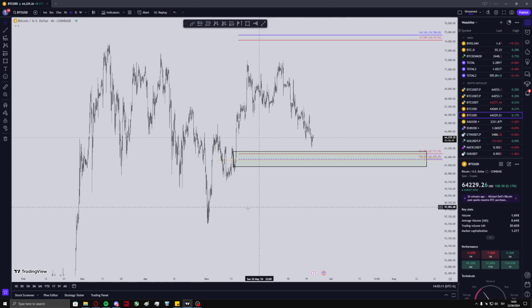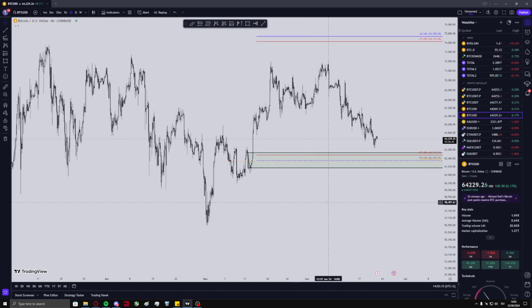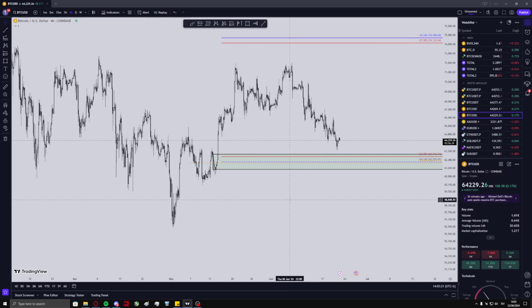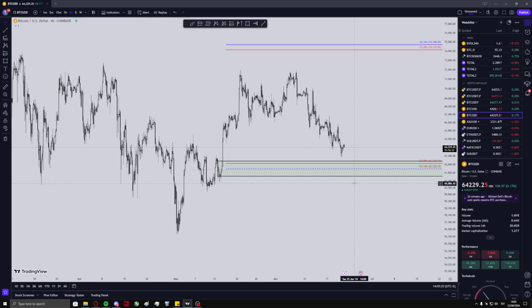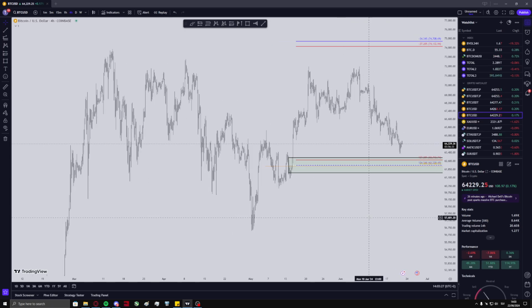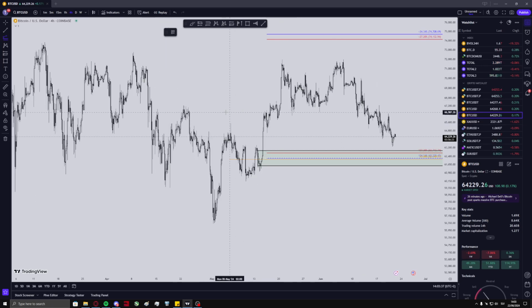So fibbing the range really is a good way to find good scalp opportunities, or maybe just overall good entries for a swing from range low to range high, for example, right? And a trend-based fib extension, I take it in a way that gives you very, very precise numbers of where a bounce might happen.